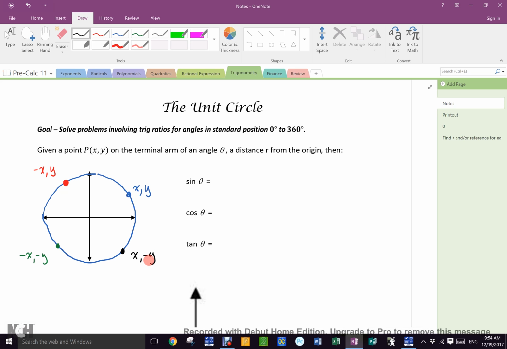Everybody's cool? All right. Now, we are pretending this is a perfect circle, yes? Which means this distance right here from the center of the circle to the edge of the circle is what mathematical word? Radius. What is that one?